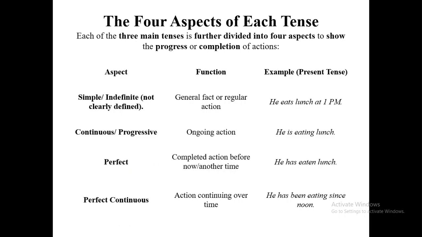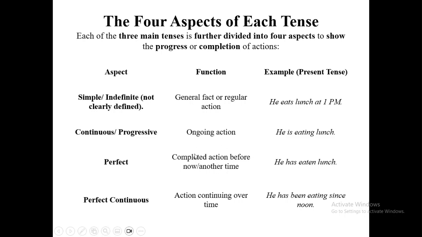Understand? So the completed actions before any time or before now, that is perfect. For example, he has eaten lunch. Has eaten indicates the perfect aspect.